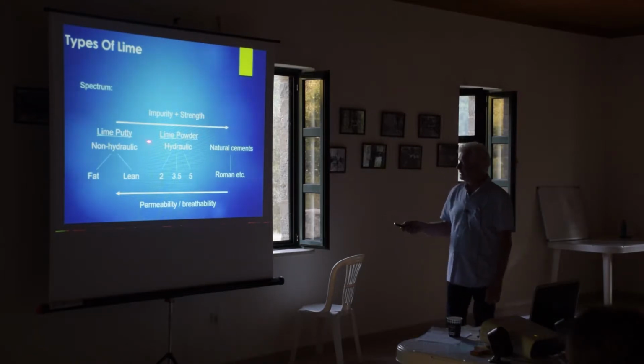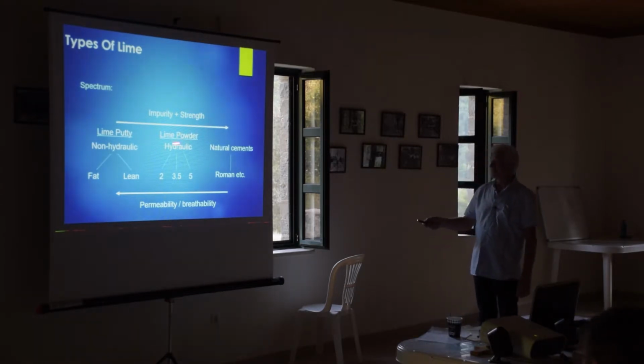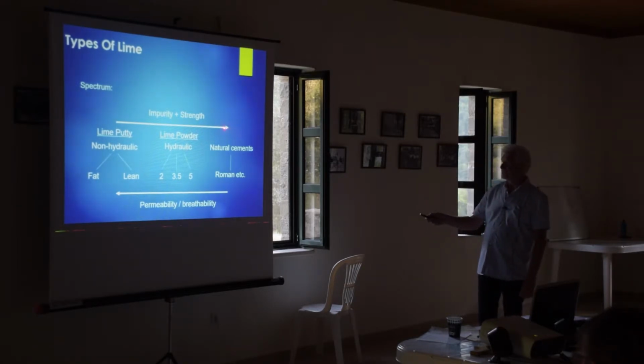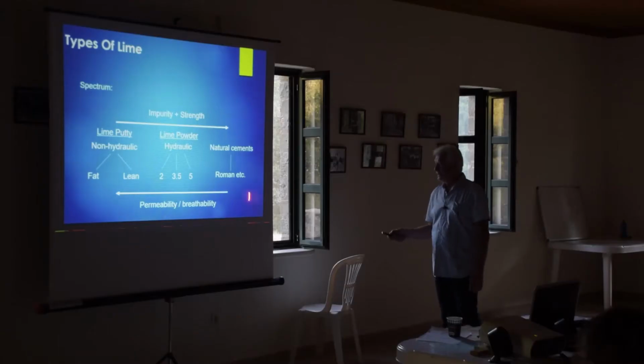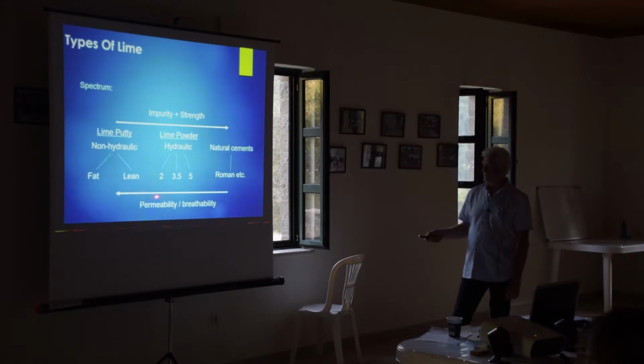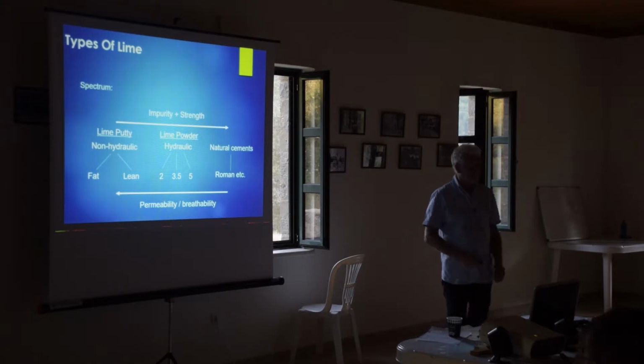Lime powder, which is hydraulic, is somewhere in the middle. Natural cements are at the top of the strength chart, and they get stronger as they get older. The opposite is the case with permeability and breathability. So natural cements and hydraulic limes are significantly less breathable than lime putties, which are almost completely breathable.